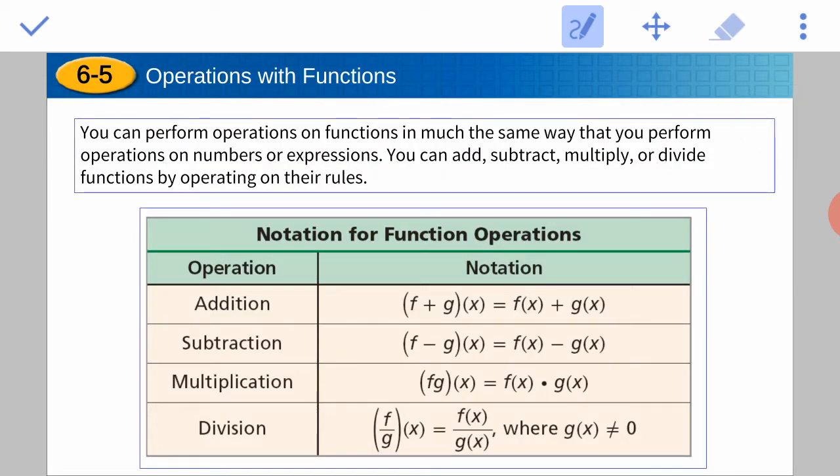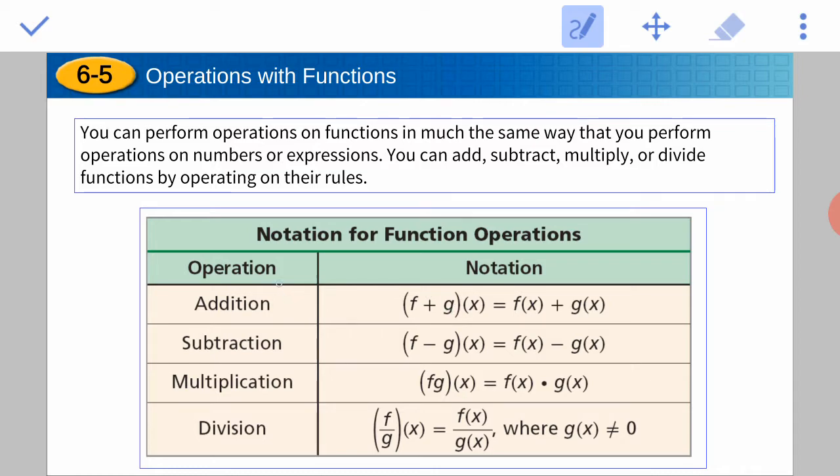You can perform operations on functions in much the same way that you perform operations on numbers or expressions. You can add, subtract, multiply, or divide functions by operating on their rules. For the addition operation, take the two functions f of x and g of x.